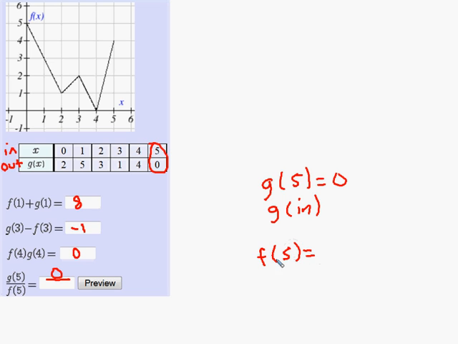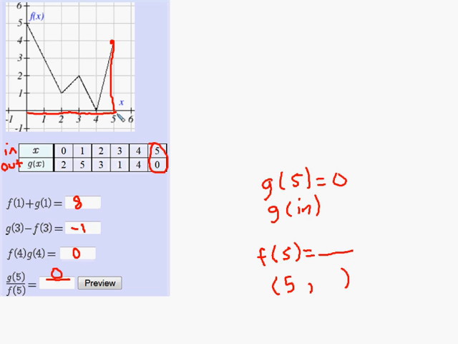Since f is a graph, I'm going to change the function notation into an ordered pair. What's in the parentheses is always the input, and in a point, that's the first coordinate. So it says on the graph, move 5 units in the input direction, then move either up or down until you hit the graph. In this case, I move up, so I hit this point right here. Imagine labeling the coordinates of that point.